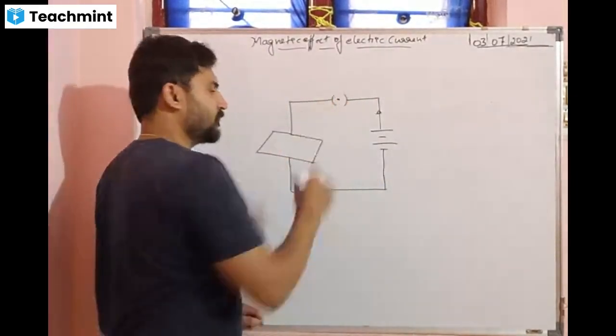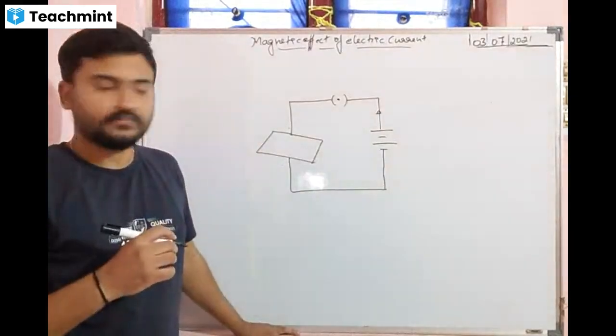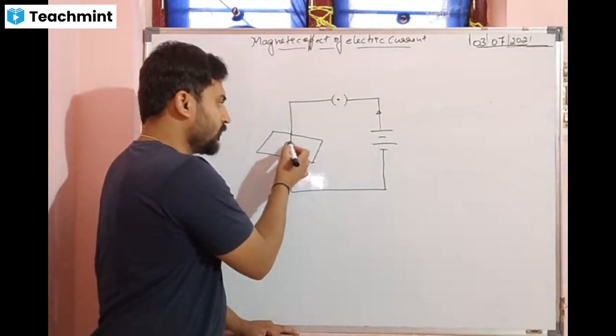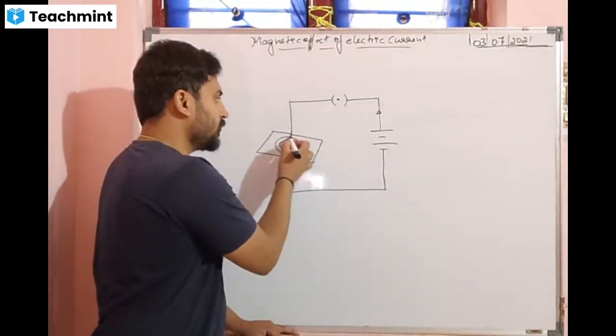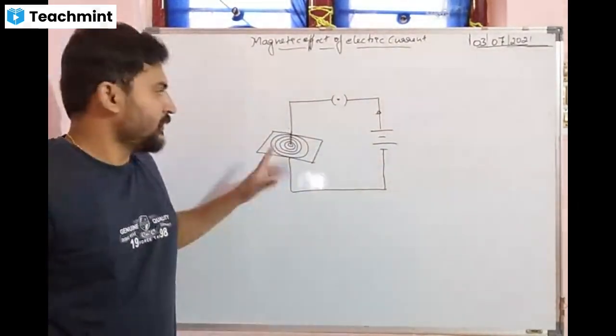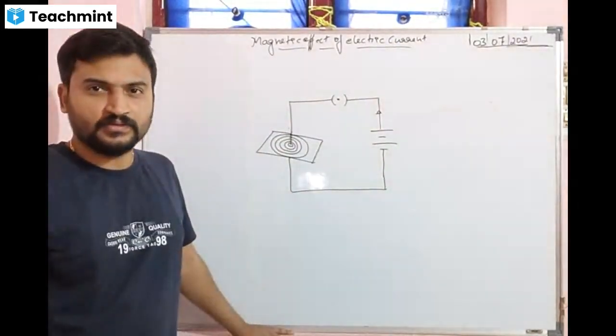So how are the field lines in the straight conductor? They are in the form of concentric circles.